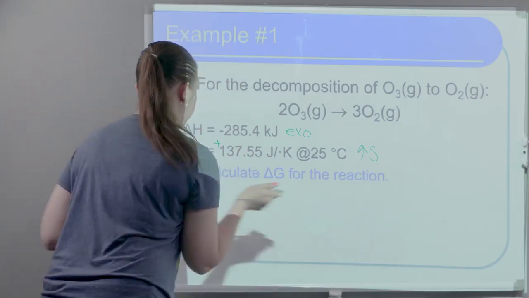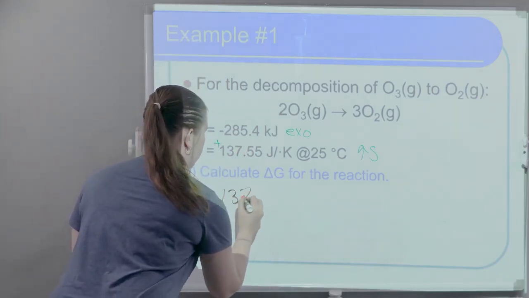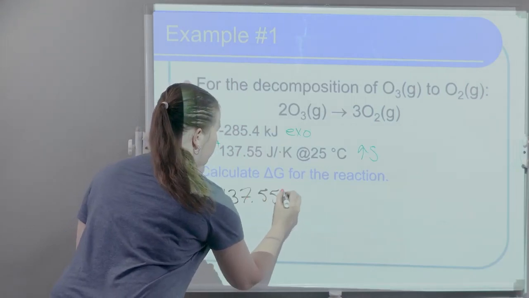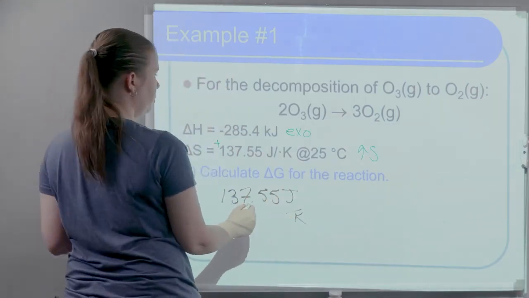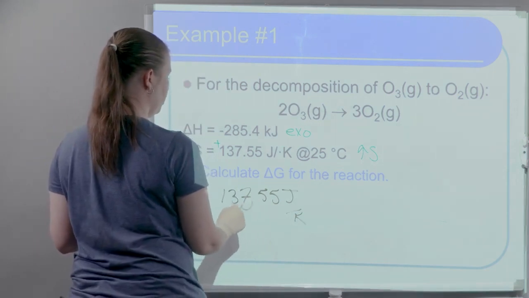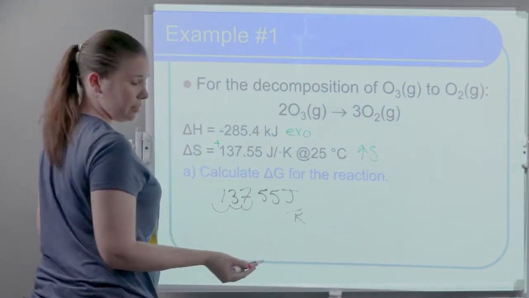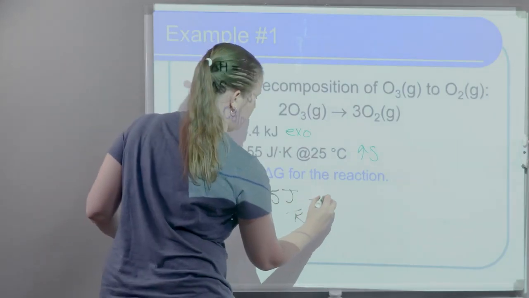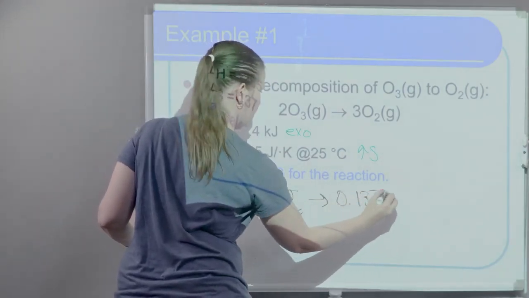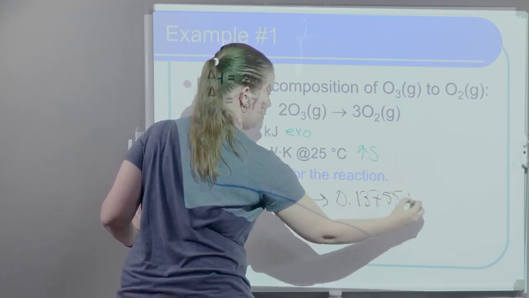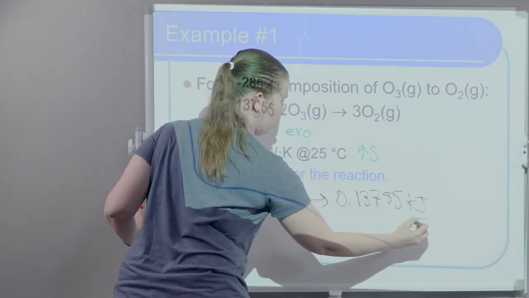So that's going to be 137.55 joules per Kelvin. And if I want kilojoules, then I'm going to make that number smaller by 3. It basically is dividing by 1,000. And so that's going to become 0.13755 kilojoules per Kelvin.